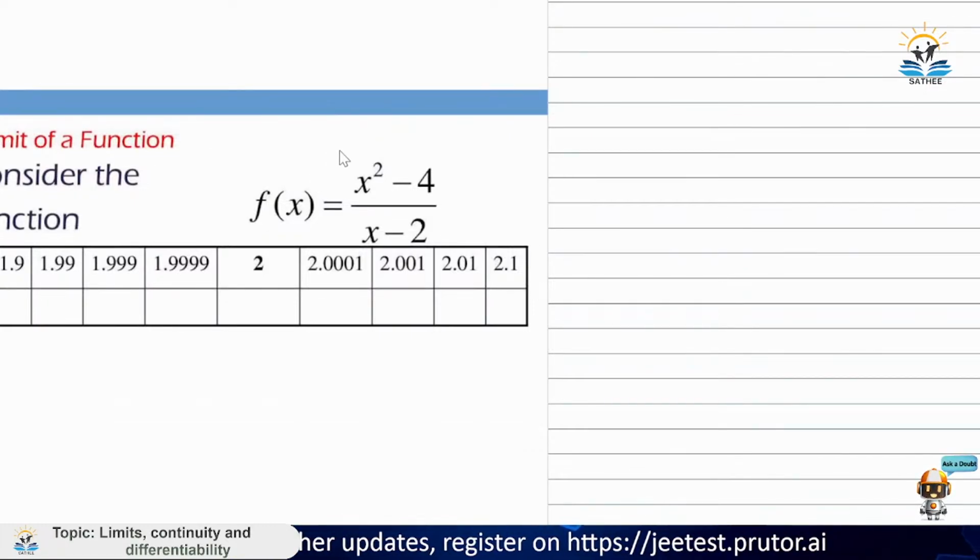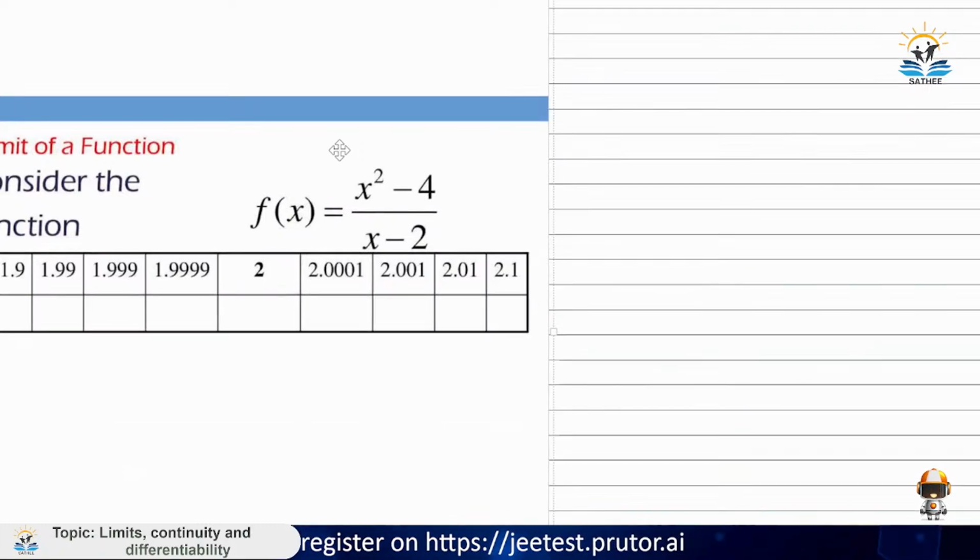Now, talking about limits, our topic of discussion today. We have to find the limit of the function at 2.